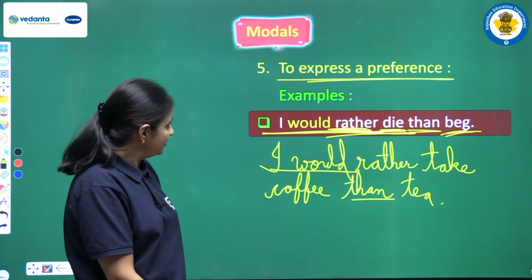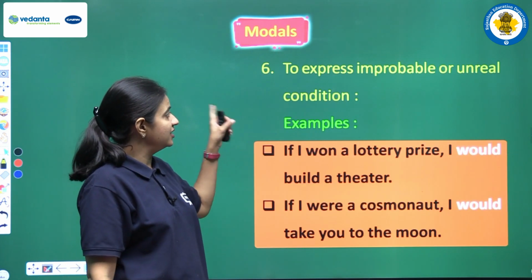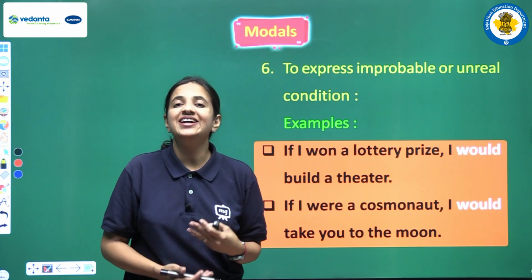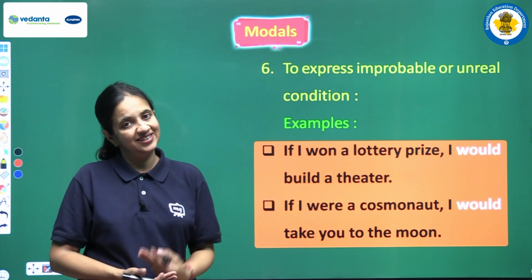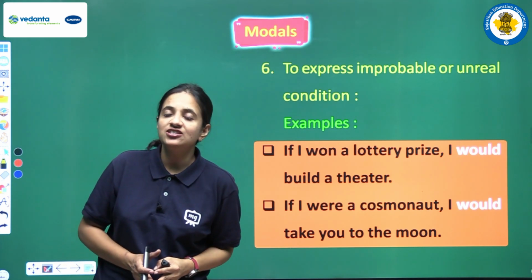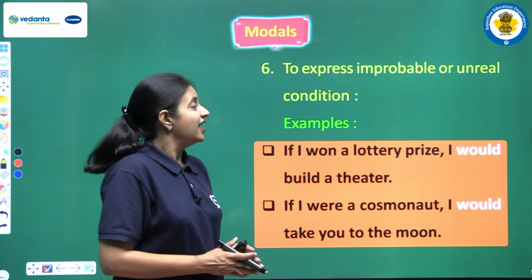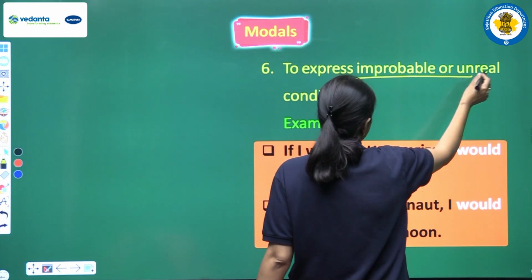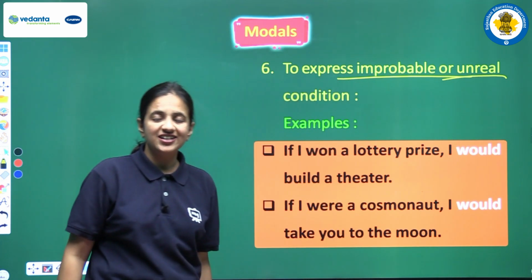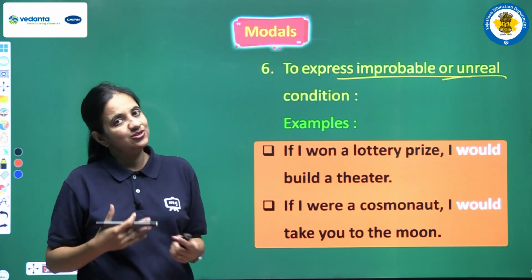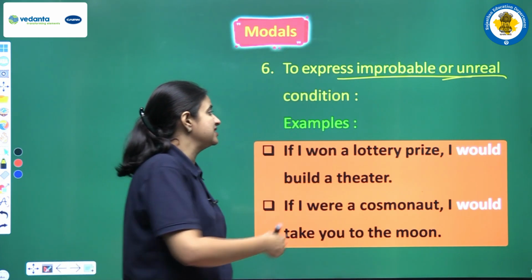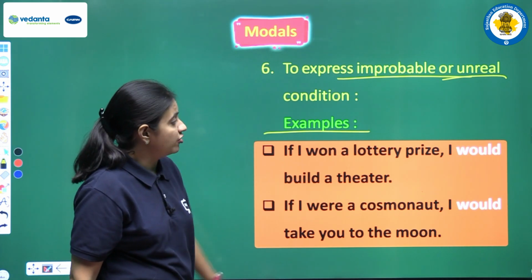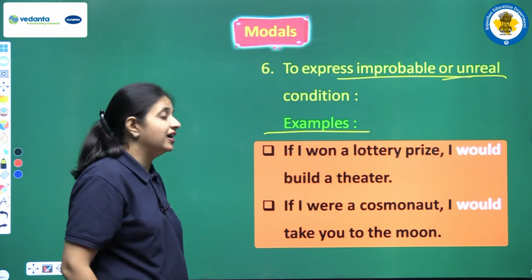Clear? Another use of would that we have here is that it is used to express improbable or unreal conditions. This is another use of would, where it is used in conditional sentences, and if the sentence has an improbable condition, or we can say an unreal condition, we can use would. How? Let's see some examples. If I won a lottery prize, I would build a theater.